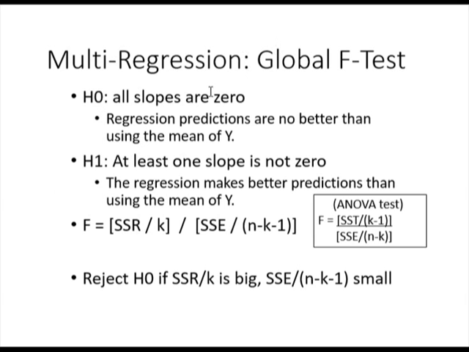In the global F-test, the null hypothesis is technically written as all slopes being 0, but intuitively it's saying that the regression predictions aren't any different than making predictions with the mean of y. This is very similar to what we did in the one-way ANOVA test, where you'd make predictions for housing prices as being 486,000 across the board.